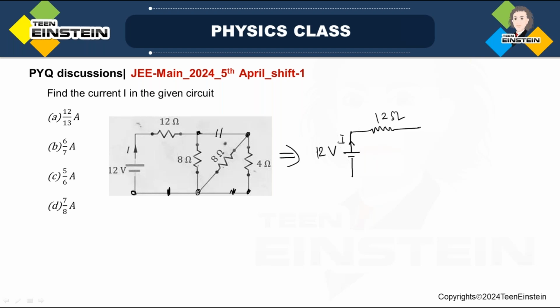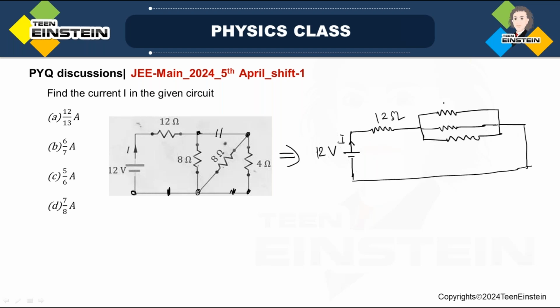Okay, so all three are connected in parallel, and this combination is connected in series with the 12 ohm. So this is 8 ohm, the middle one is 8 ohm, and the outer one is 4 ohm.